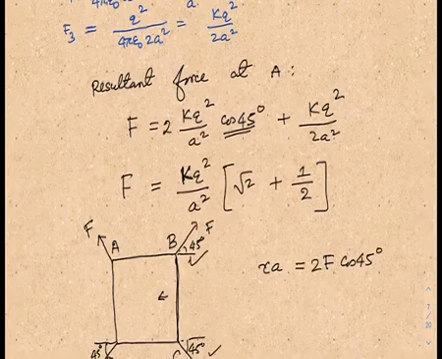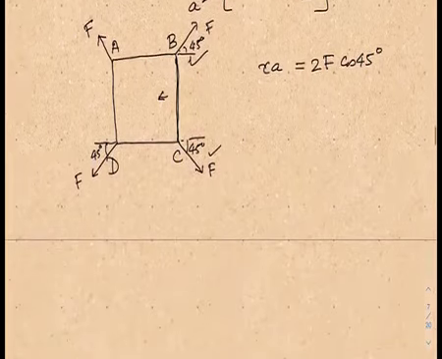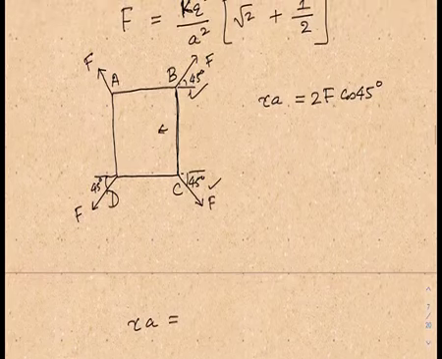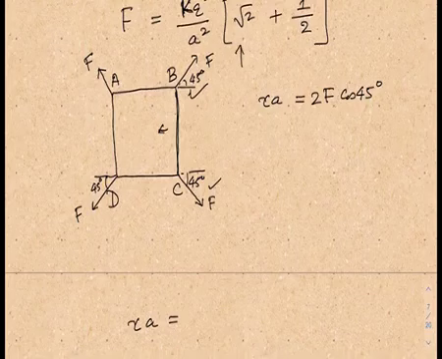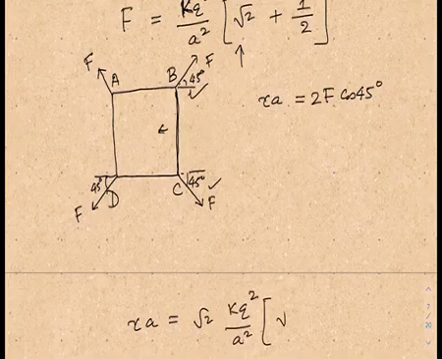I have already worked it out, so you can write here that gamma A is equal to twice F cos 45 degree, and cos 45 degree is equal to 1 by root 2. So this is root 2 into F. F is kq square by a square, root 2 plus half.